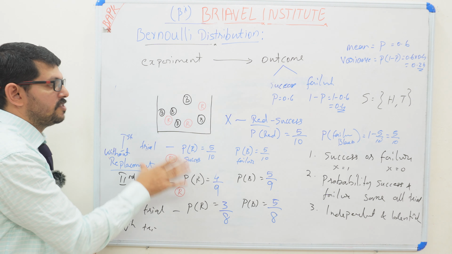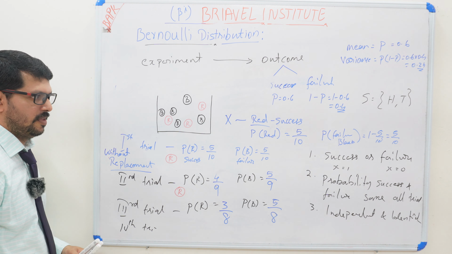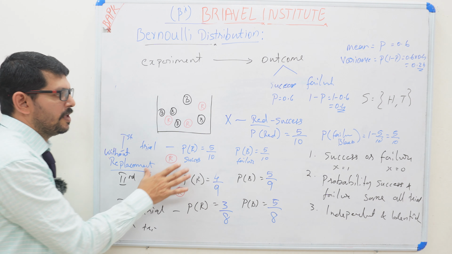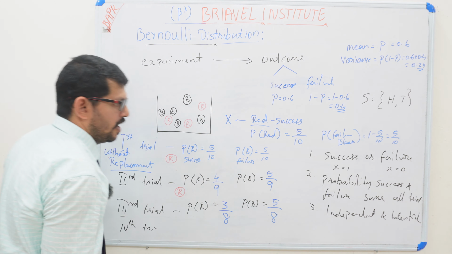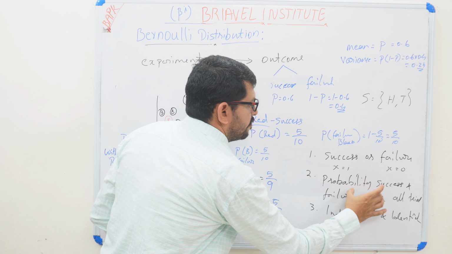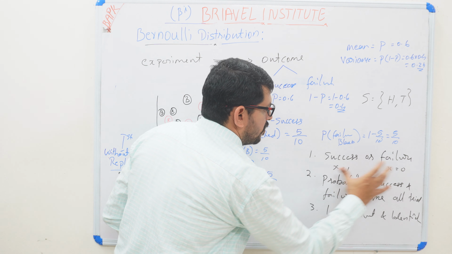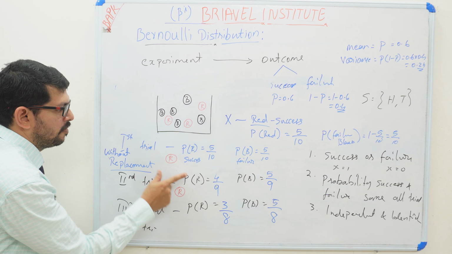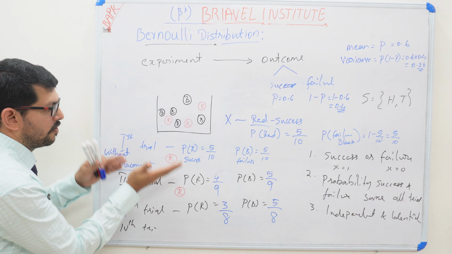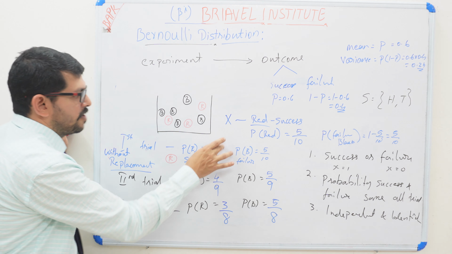Now you see whether it is a Bernoulli's trial or not. Clearly we understand there is a success or failure. This first condition is okay. And what is the second condition? The probability of success or failure should be the same for all the trials. Here, is it the same for all the trials? The first trial is 5 by 10.